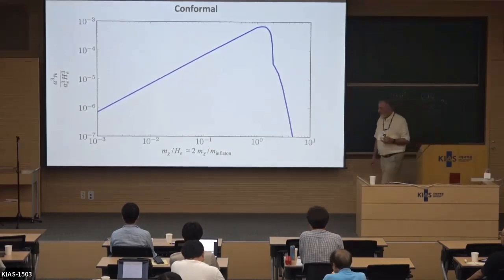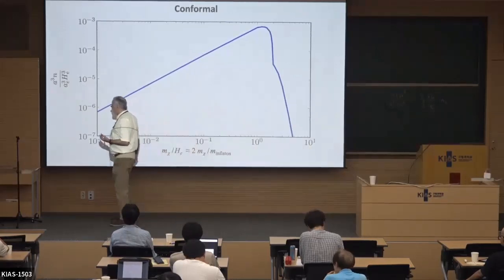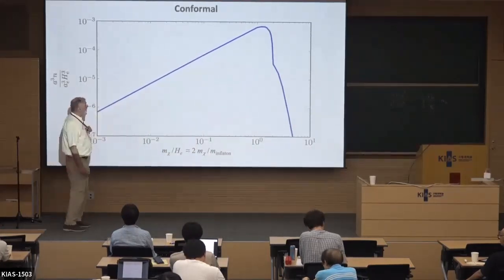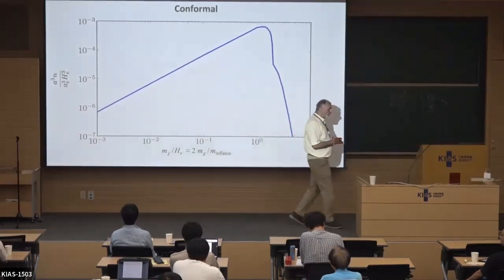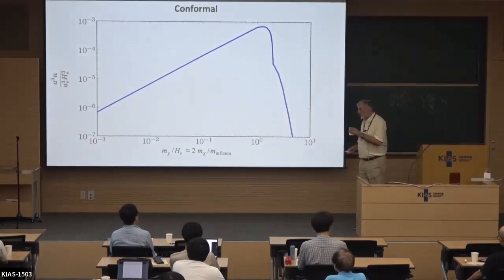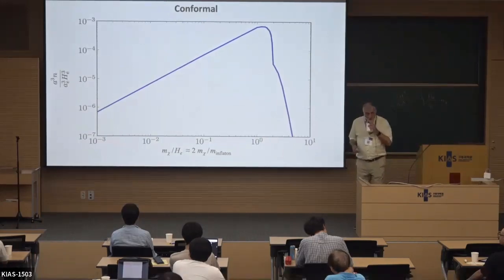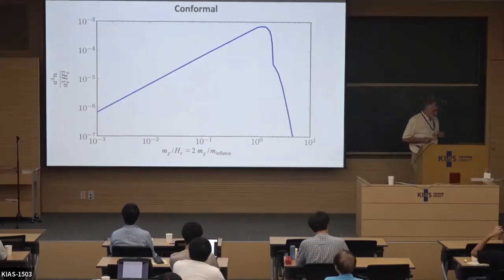So this is the calculation of the co-moving number density as a function of the mass for conformally coupled scalars. And this is the result of the numerical calculation, but we can understand this from these analytic approximations that we have had. Now, what do we do with this? Let's do something interesting. Let's calculate omega h squared.